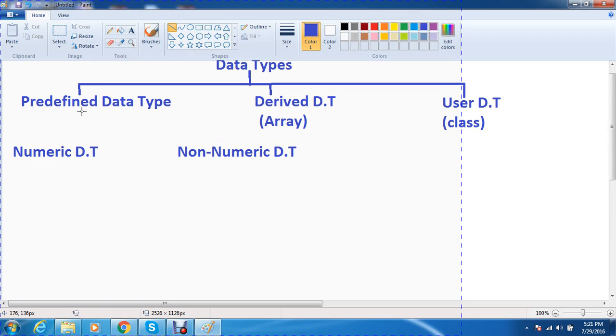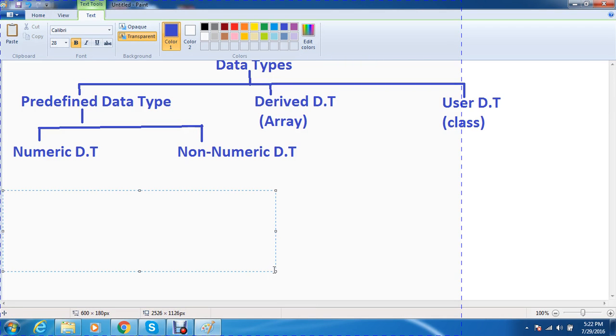Just make sure data types are categorized into three groups: predefined data type, derived data type, user data type. Coming to predefined data type, it is categorized into two groups: numeric data type, non-numeric data type.